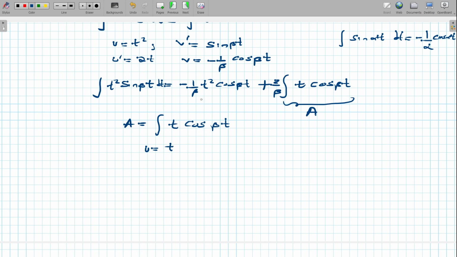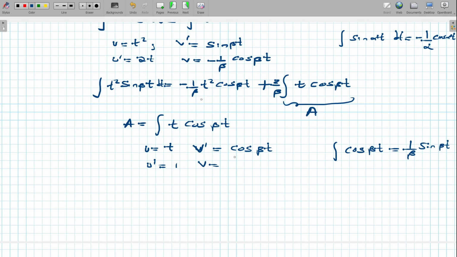Our u here is t, our v prime is cosine beta t, and our u prime is 1. Now let me just remind you that the integral of cosine beta t is equal to 1 divided by beta, and then sine beta t like so.